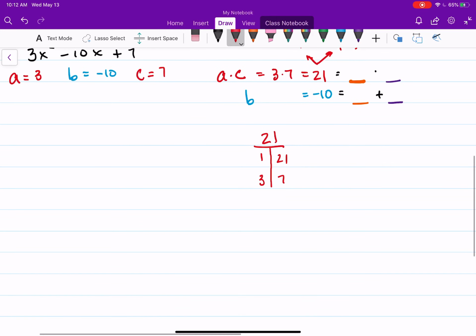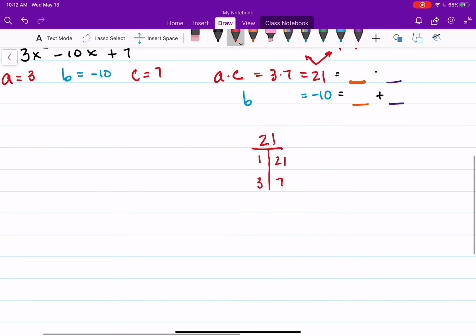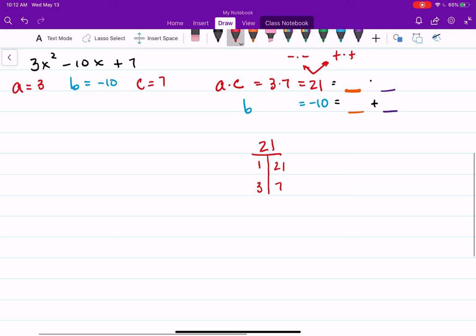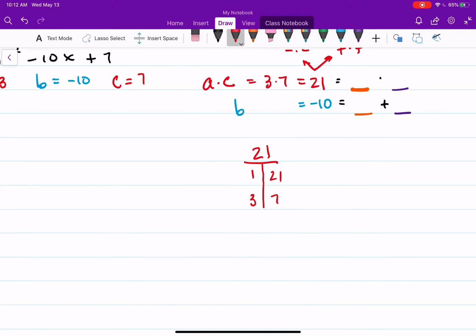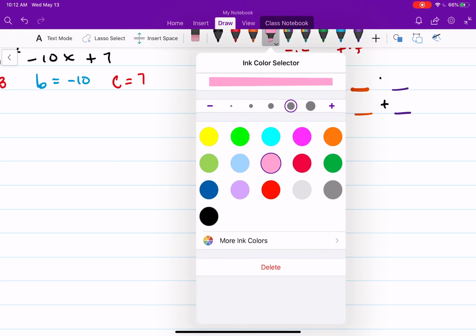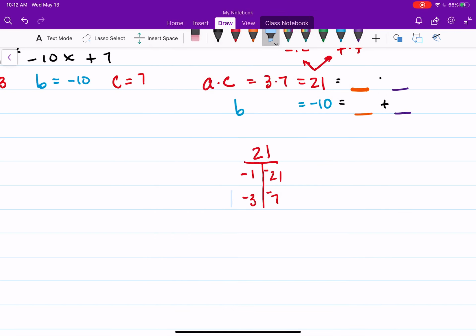Once I find the factors of 21, I know that these two numbers either have to be both positive or both negative, but since I want the sum to be negative 10, these have to be negatives. And you see the result right there. They multiply together to give you positive 21, but add together to give you negative 10.